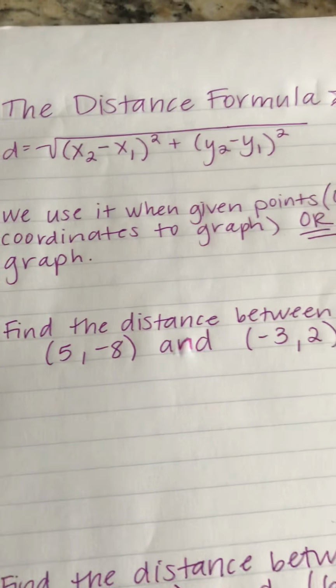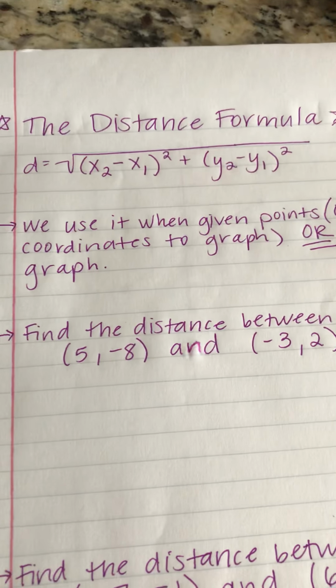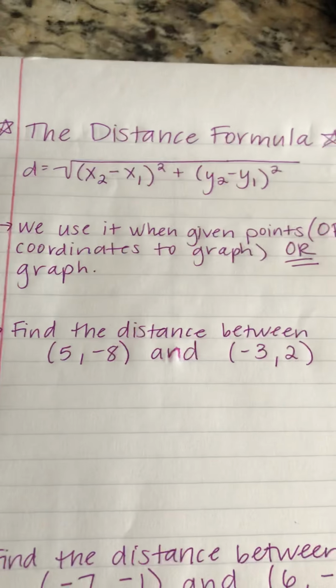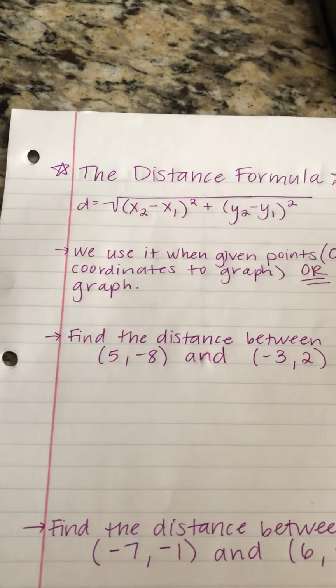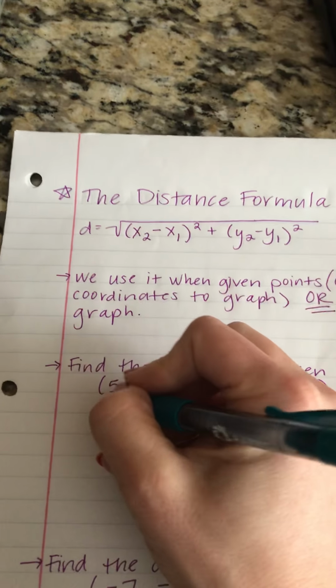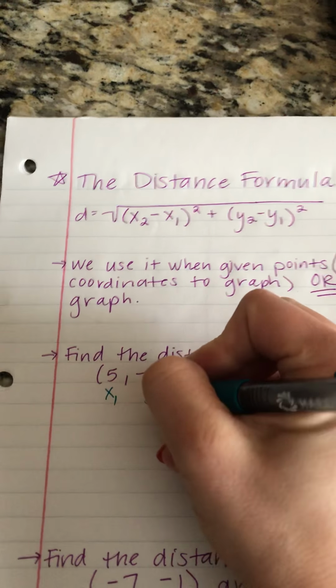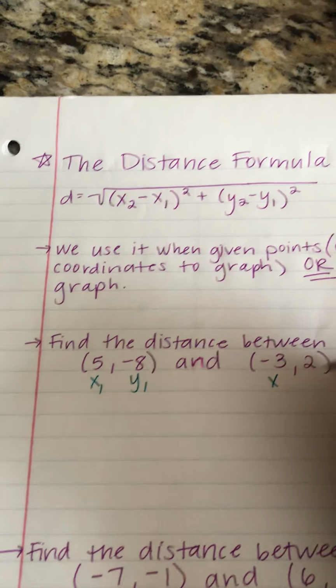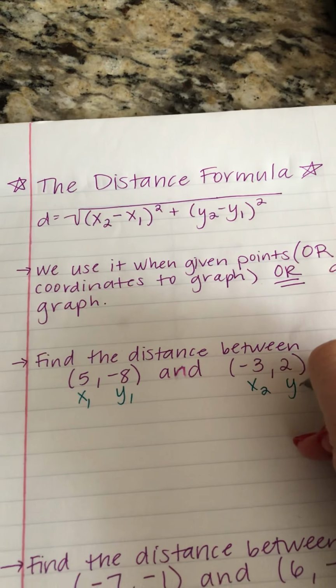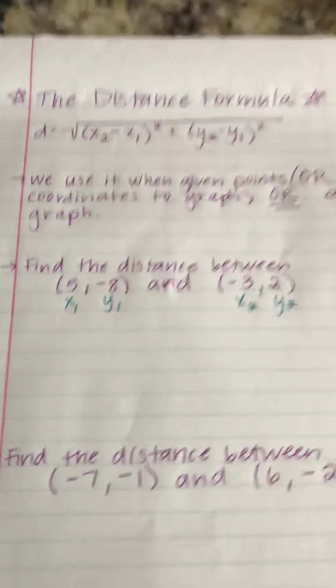So first, we're going to just find the distance between these 2 points. Now, I know this isn't the greatest video, but just kind of go with me. So the first thing you want to do is label x1 and y1 and x2 and y2. This is just like when we're finding slope.